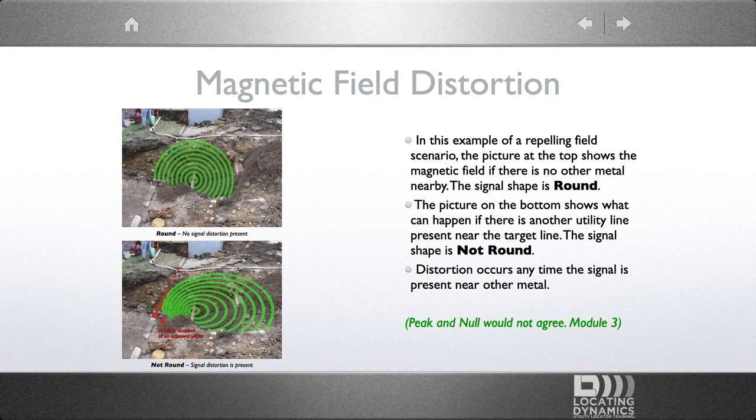This could be anything metallic. Could be a car parked on top of the utility line, a dumpster that's there temporarily, a building, overhead conductors, any metal near our line could cause distortion. In this example, peak and null would also not agree. We will discuss that in Module 3.